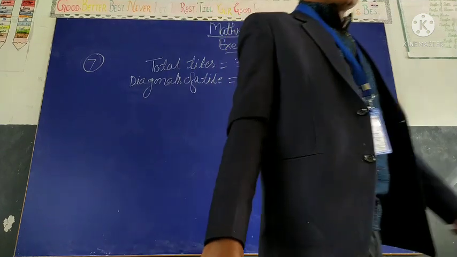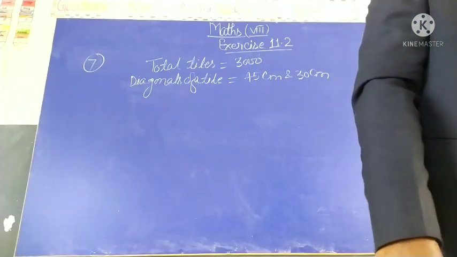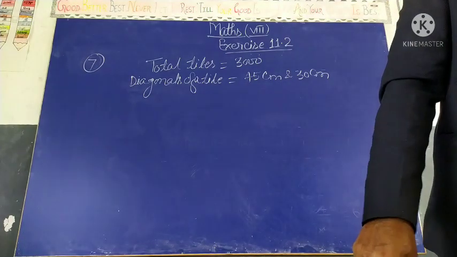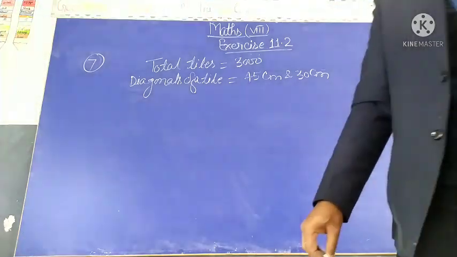And next is given here cost rate of polishing the floor is 4 rupees per meter square.